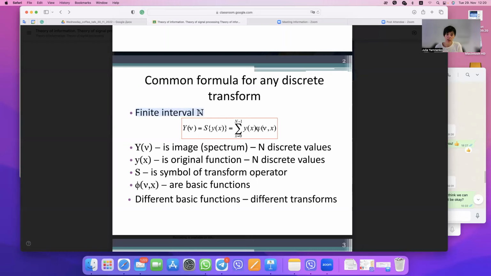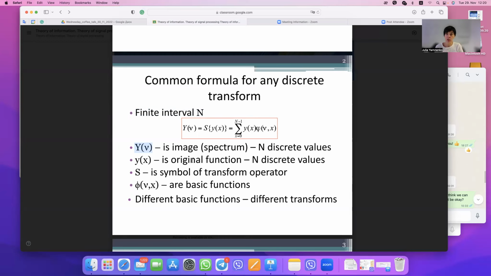We have a finite interval of N capital discrete values, and we have Y(ν). Nu is a Greek letter, like a variable for the spectrum. So Y(ν), Y capital, is the image or spectrum that is represented by its N discrete values.